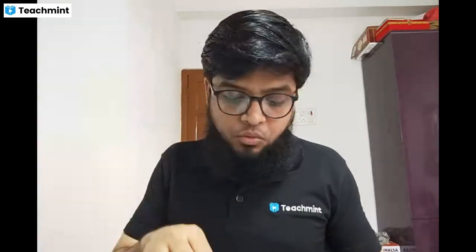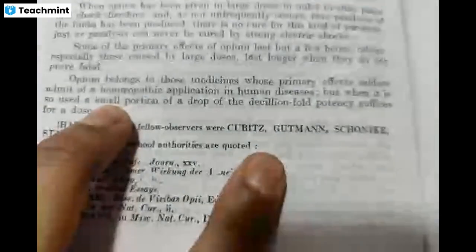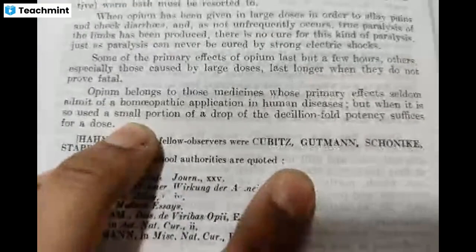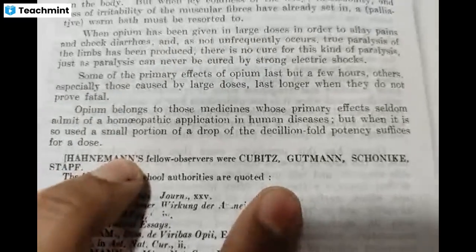Now I will refer you to Materia Medica Pura, the last para of the introduction to opium. Let me show you. "Opium belongs to those medicines whose primary effect seldom admits of a homeopathic application in human disease.